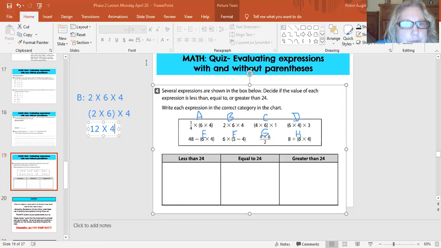And 12 times 4, we can do it off to the side if we want to. Okay, let me draw it off to the side. So 12 times 4. Okay, 2 times 4 is 8. And 4 times 1 is 4.